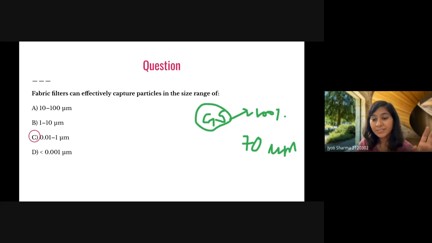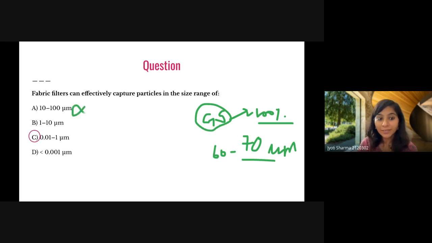So if I'm saying that fabric filter is very efficient, this should not be the answer, right? The range for effectively capturing the particle is 0.01 to 1 micrometer.